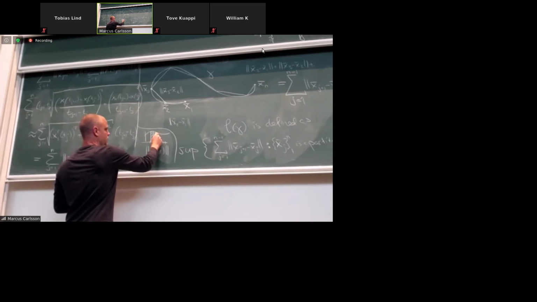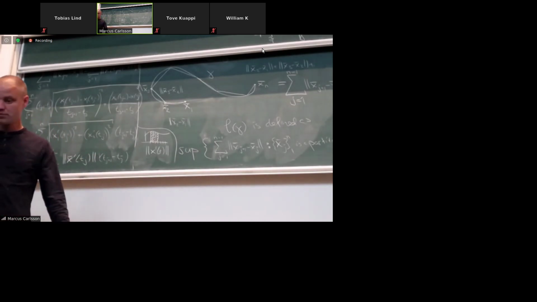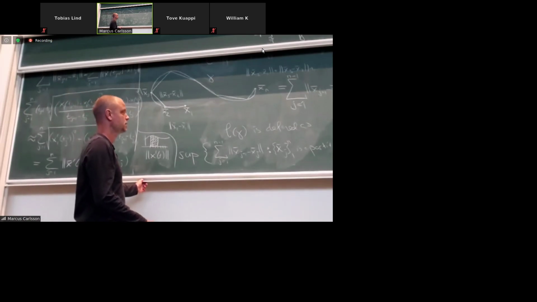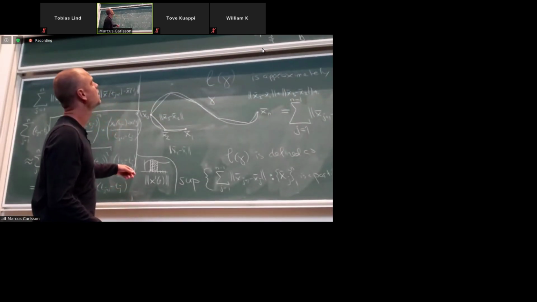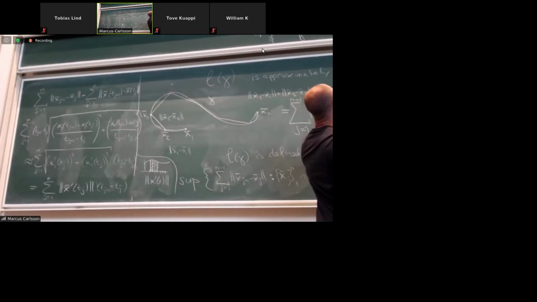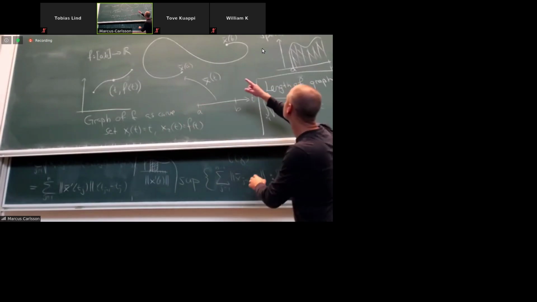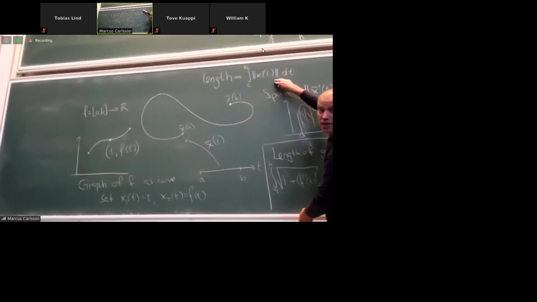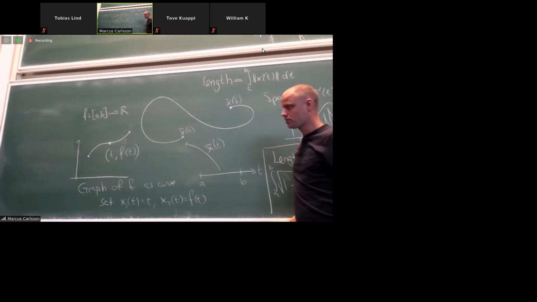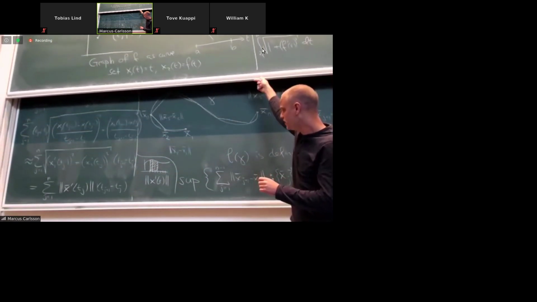So what we have done here is something that looks like this. And that's a Riemann sum approximation of the integral. So here we have a Riemann sum approximation of precisely this formula I gave you up there. So now it's all kosher. Of course, we have jump details here, but we define the length to be this supremum.